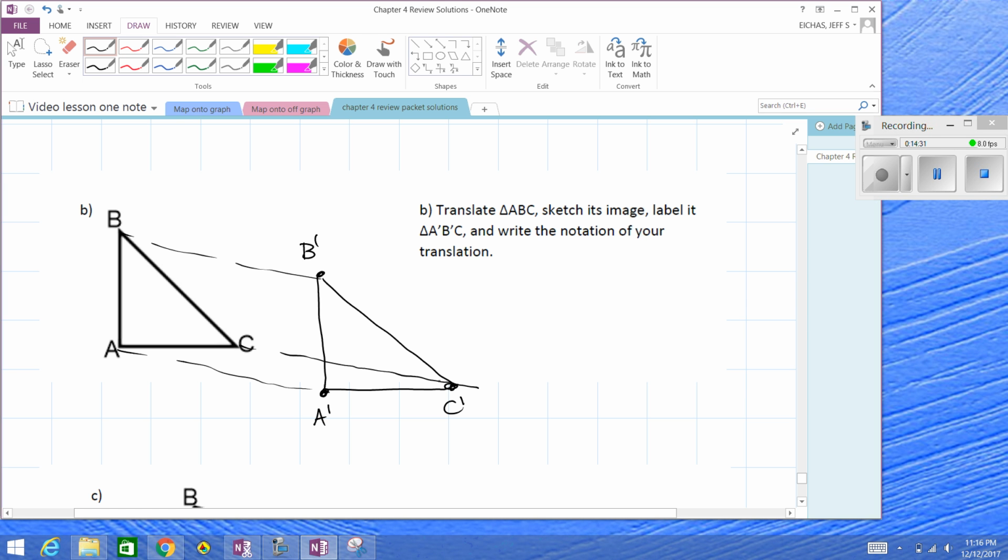Okay, write the notation of your translations. We're going to translate A to A prime by that directed segment. We're going to translate triangle ABC by the directed segment A to A prime to get triangle A prime, B prime, C prime.